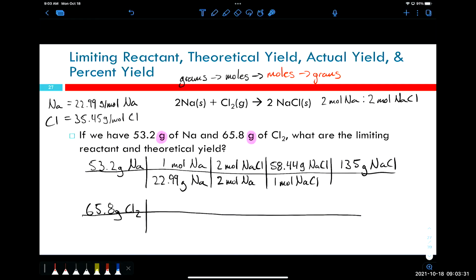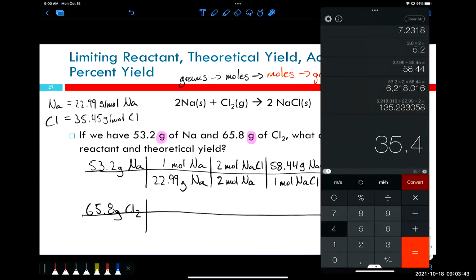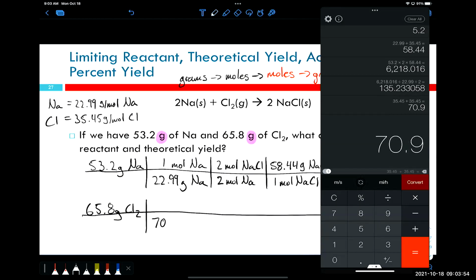One easy way to get tripped up is to forget that chlorine is written out for us here as Cl2, right? That subscript 2 means there's 2 chlorine atoms. So I'll actually do 35.45 plus 35.45, or you could multiply by 2, you'll get the same answer. This will be 70.90 grams chlorine for every 1 mole of chlorine.